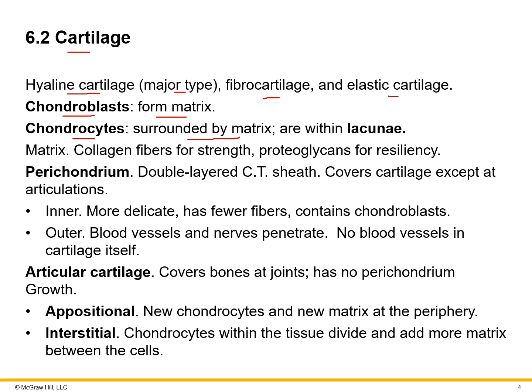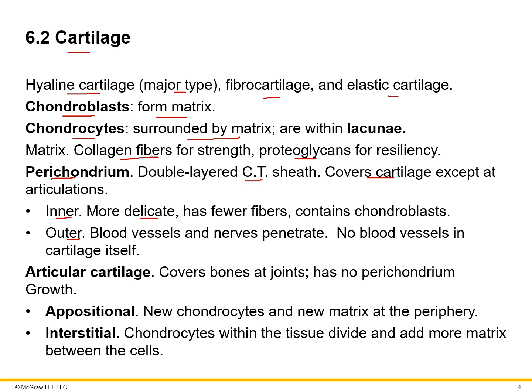Then also the matrix there is made up of those collagen fibers that gives that strength, and then the proteoglycans for resilience. Now there's also a perichondrium, and that's double layer CT for connective tissue. So that's going to cover the cartilage except in articulations. So we have an inner and an outer part. The inner is more delicate, so we think about kind of protecting it on the inside.